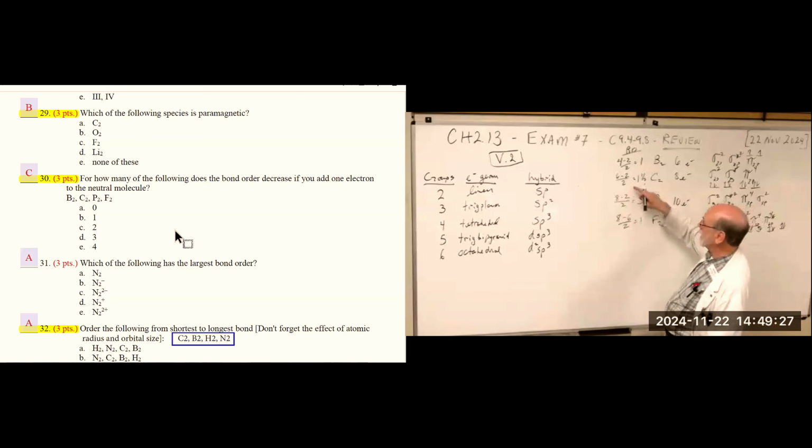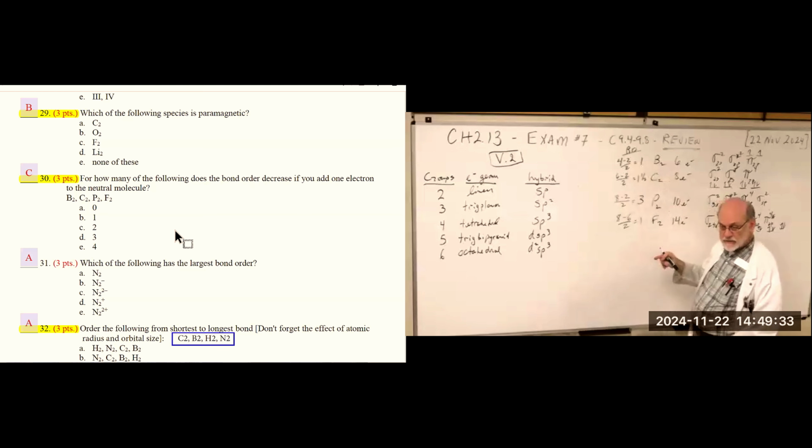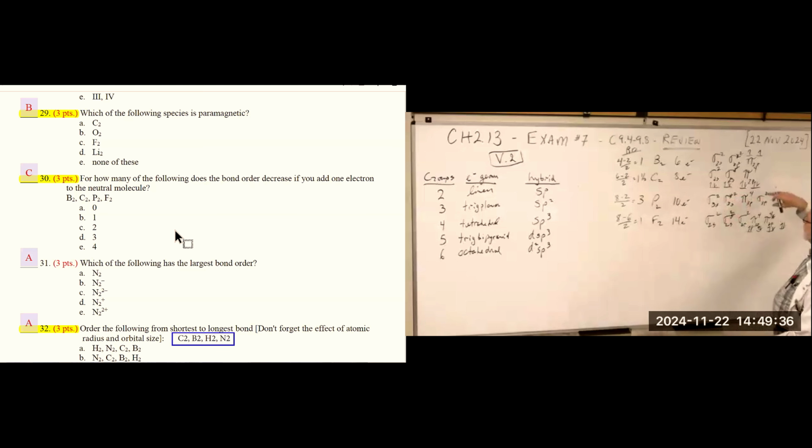If you add to an anti-bonding orbital, that will reduce this numerator and reduce this calculation. So we can look at these. If we add 1 here, it's to a bonding orbital. All right, so that increases by half.